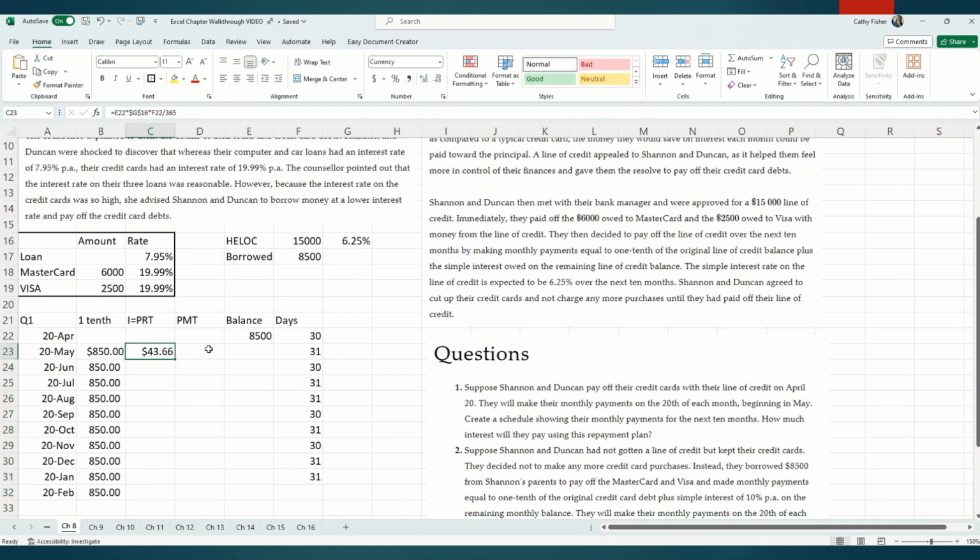Okay. So my payment equals the $850 plus our principal times rate times time, our interest. So that's going to be our payment. Okay.